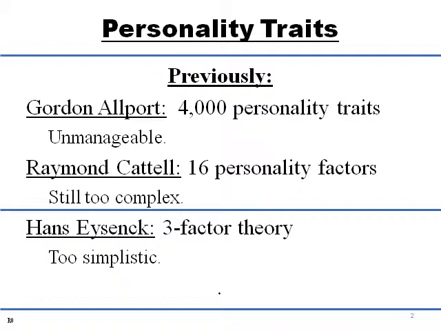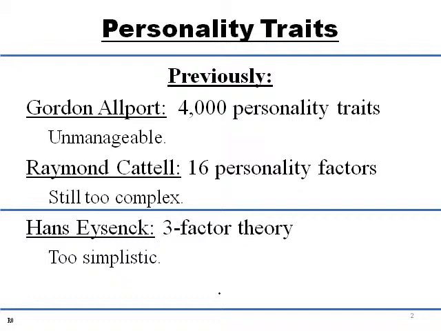And he divided these into cardinal traits, central traits, and secondary personality traits. The cardinal traits were somewhat rare, but they were overarching kinds of personality factors. The central traits were things that organized some of the secondary personality traits.